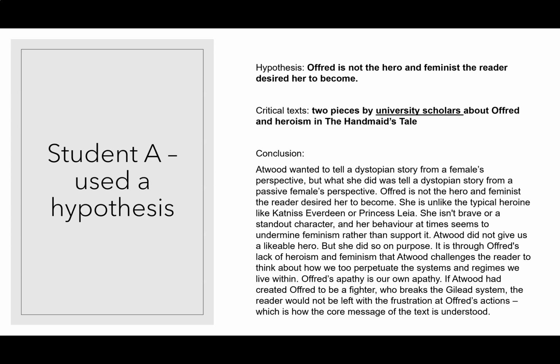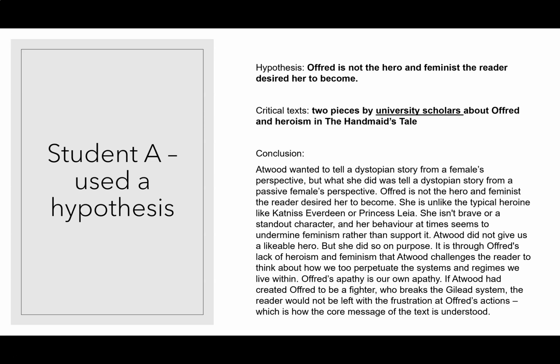If Atwood had created Offred to be a fighter who breaks the Gilead system, the reader would not be left with the frustration at Offred's actions, which is how the core message of the text is understood. So, as you can see in this conclusion, the student has confirmed their own hypothesis, but they've also further explained that this was exactly what Atwood needed to do to leave the reader to an extent frustrated, and therefore have the biggest impact on the reader.